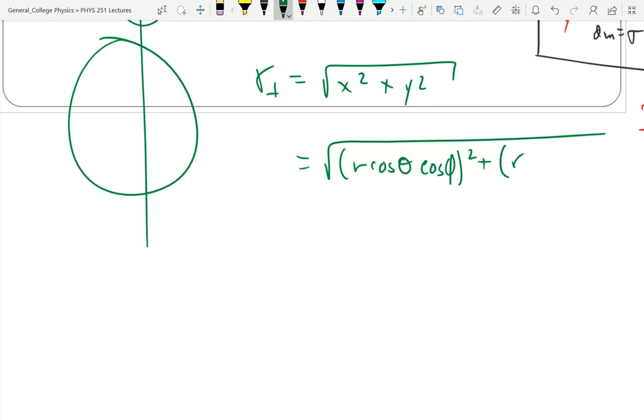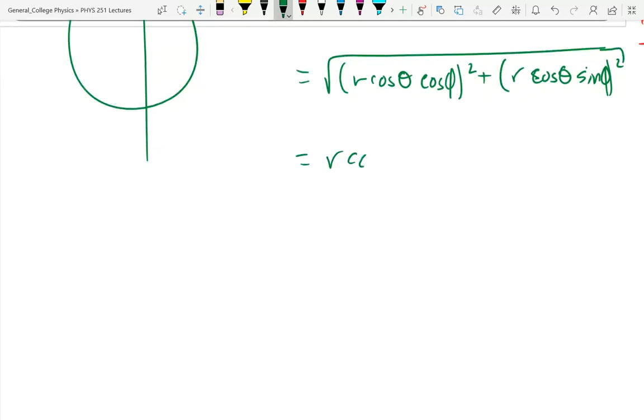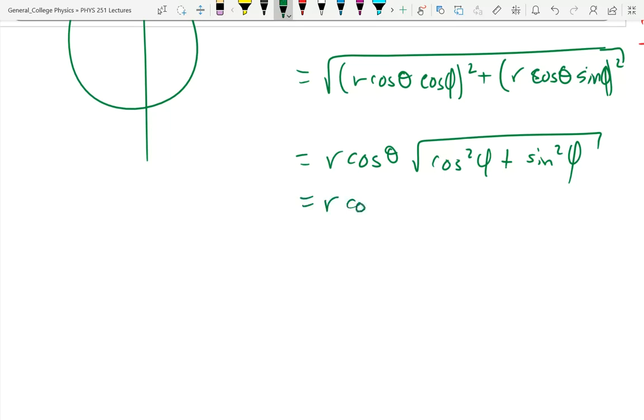Because I have them both, it doesn't matter what order I put them in. And of course, cosine squared plus sine squared is 1. So it's just r sine theta.